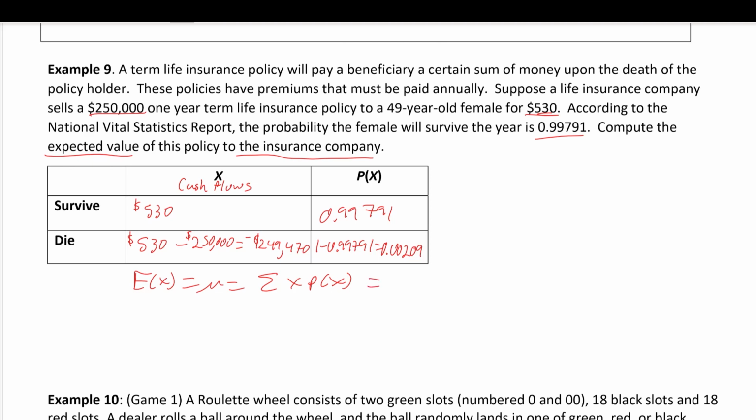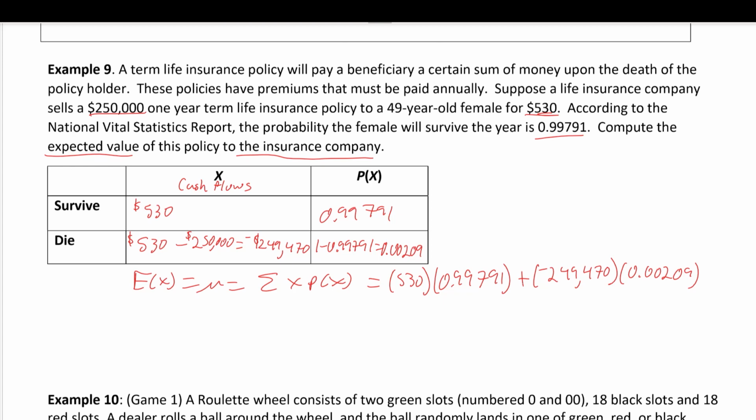We're going to have our first cash flow of 530 times the probability of that, 0.99791, plus the second row, which is a negative 249,470, times the probability of that occurring, which is 0.00209.